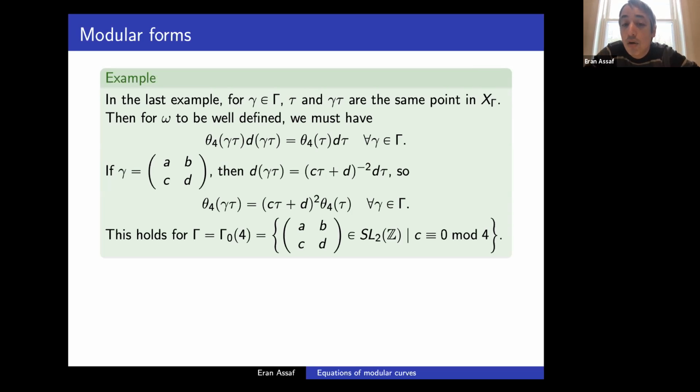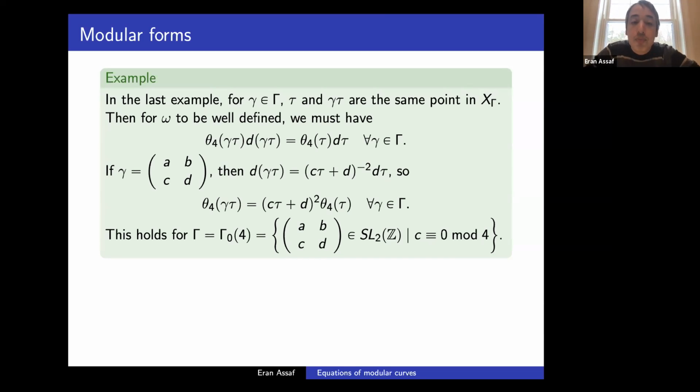In this case, this holds for a certain subgroup, gamma 0 of 4, all the 2 by 2 matrices whose bottom left entry is divisible by 4. That is, all the 2 by 2 matrices that, if we reduce them mod 4, are in the Borel subgroup corresponding to 4.